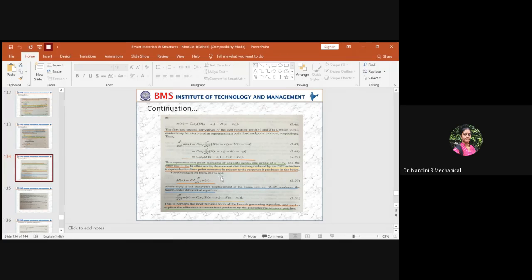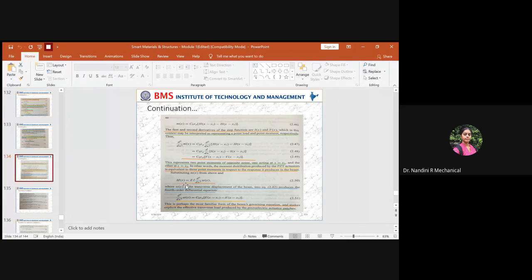In other words, the moment distribution produced by any type of piezoelectric actuator will always be equivalent to the point moments, with respect to how you are developing its values. Both are the same, both hold good. The moment value with respect to the point you're taking will always vary. It cannot be the same. So the same equation can be written in this way.